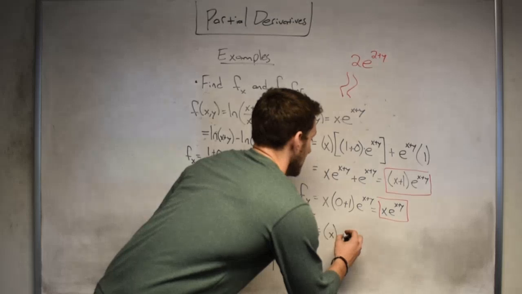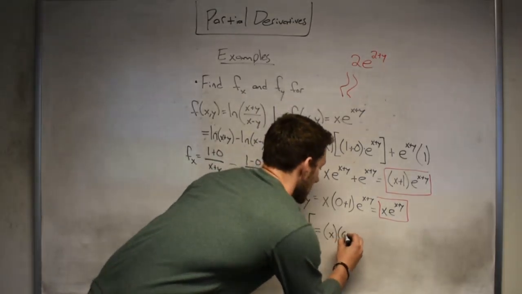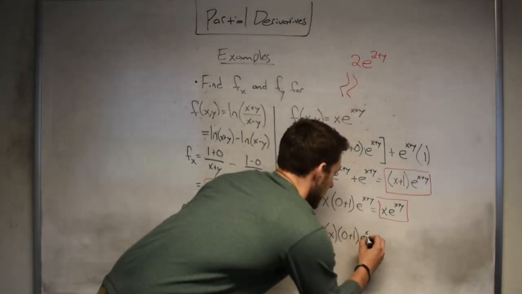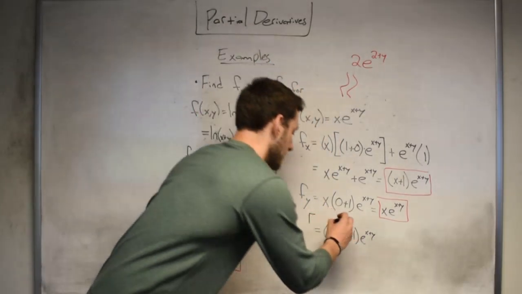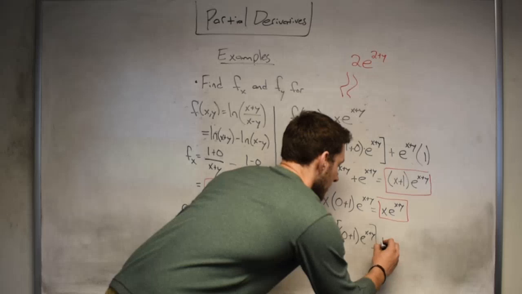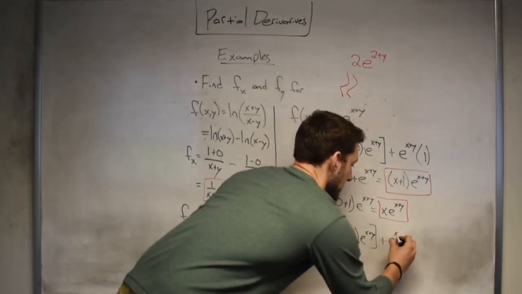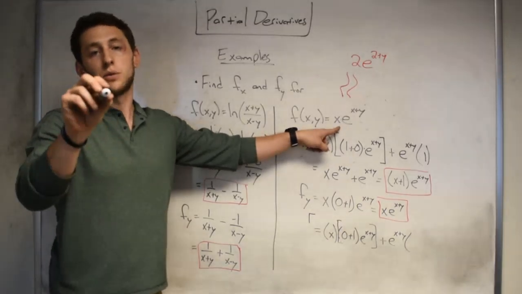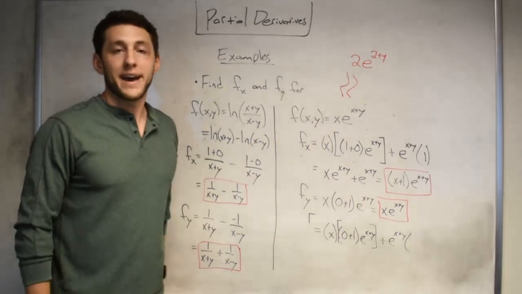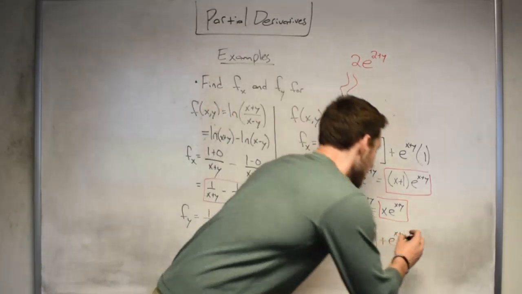Well, d second will end up just being 1, or 0 plus 1 times e to the x plus y, the derivative of the power times the original function. So first d second plus second e to the x plus y times d first with respect to y. The derivative of x with respect to y is 0.